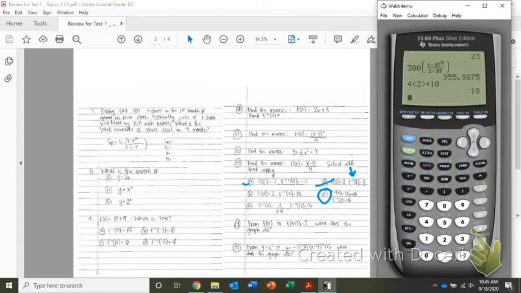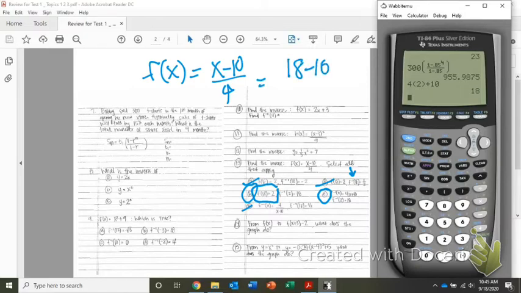So I can mark out A, and we already marked out C. So it's got to be B. Now, to double check ourselves, it tells me right here to plug in the number 18 for the original function f of x and I should get out the number 2. So that is correct. That works.